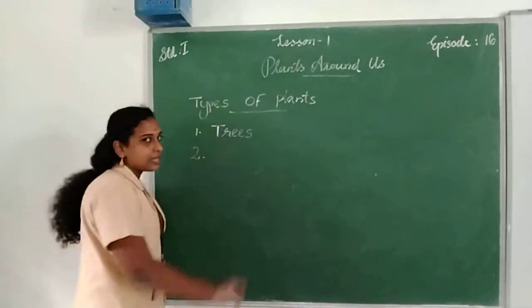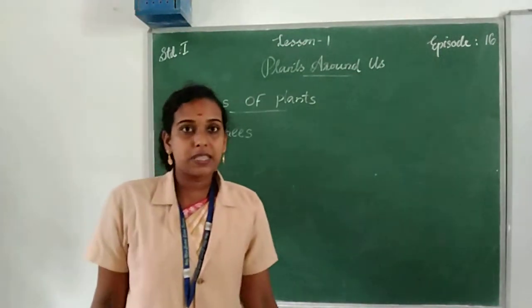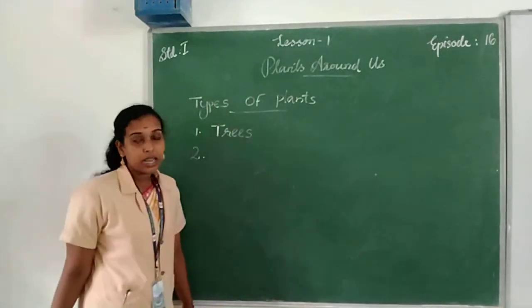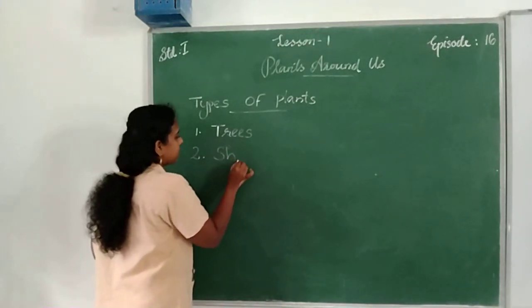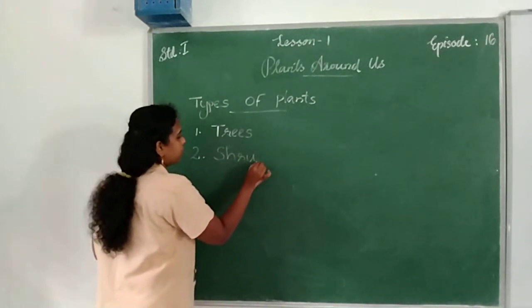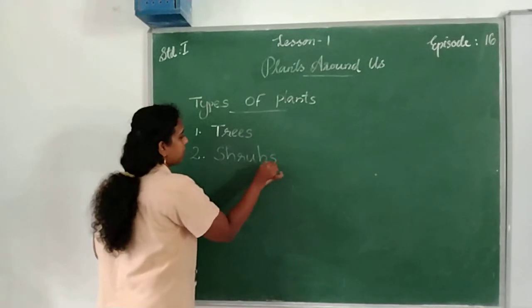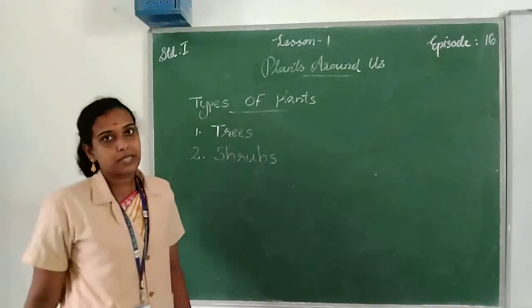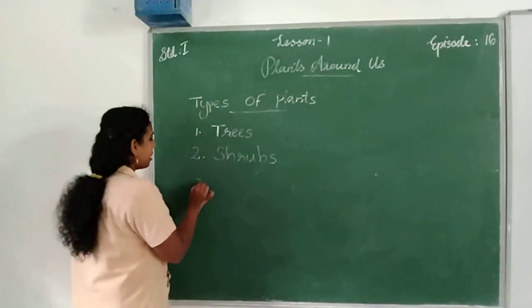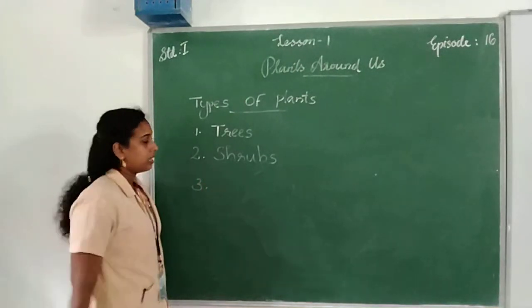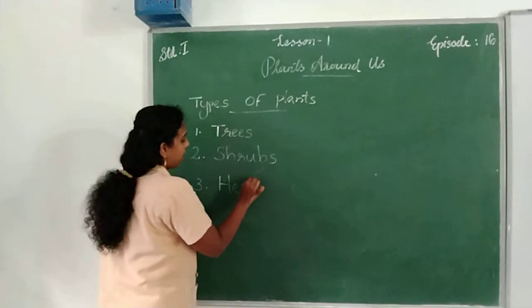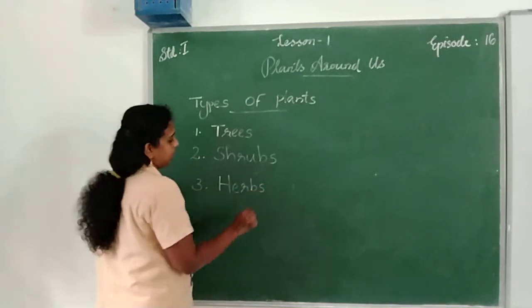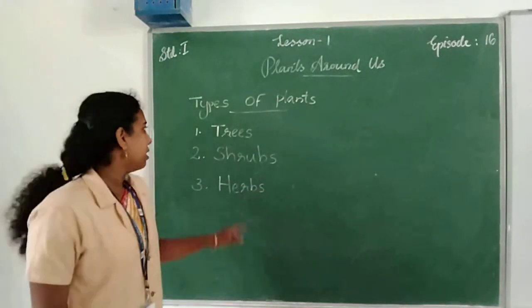The second one is shrubs. What is the spelling of the word shrubs? S-H-R-U-B-S, shrubs. And the third one is herbs. H-E-R-B-S, herbs.